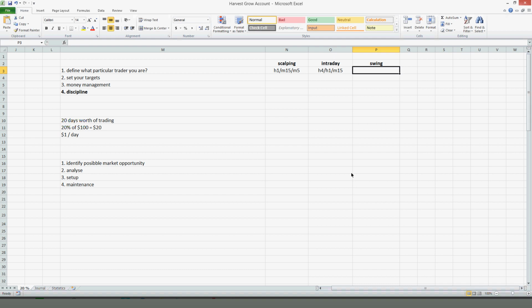And if you're going for swing, then obviously you'll be looking at D1, weekly, and monthly. So this is the way for you to define what is a trend, because if you're scalping, then obviously you should be looking at H1 for a trend.